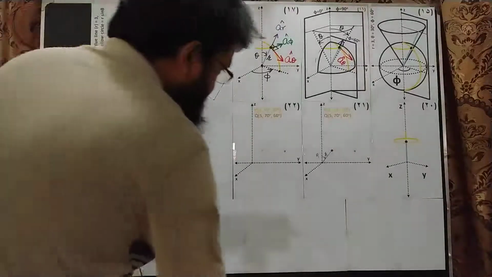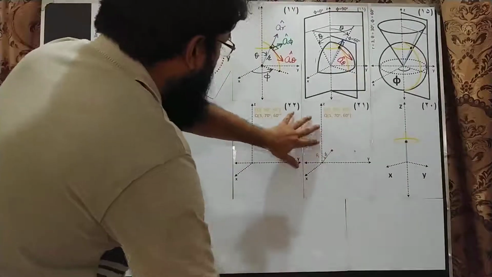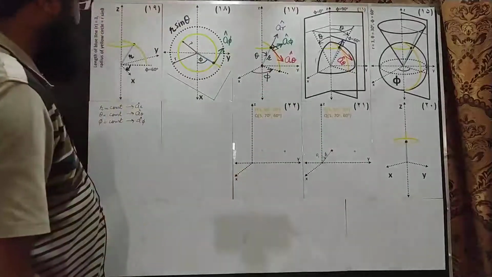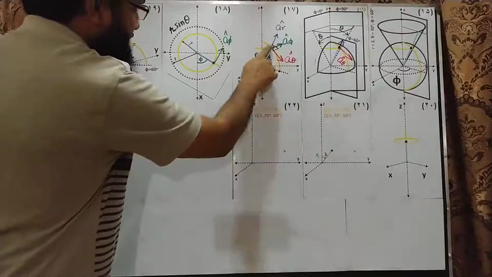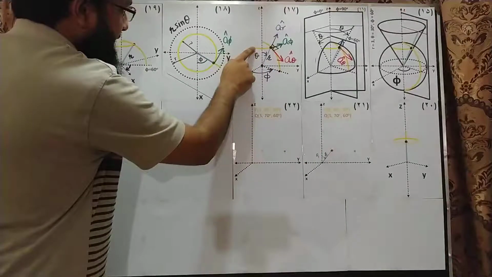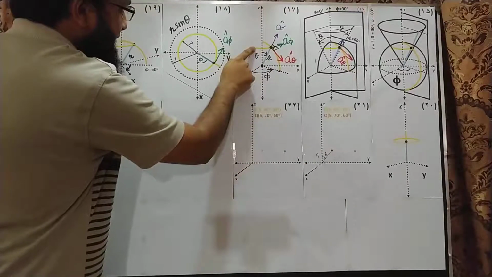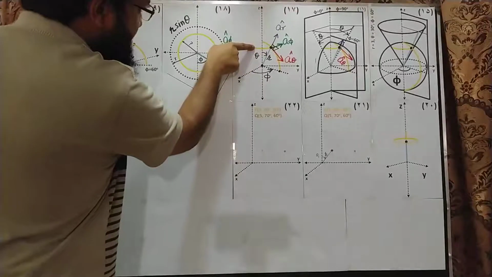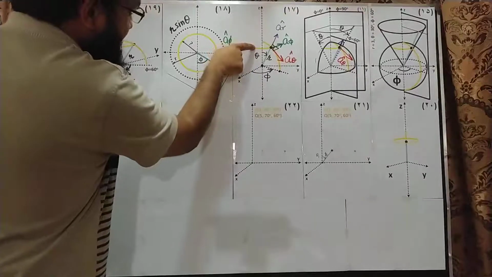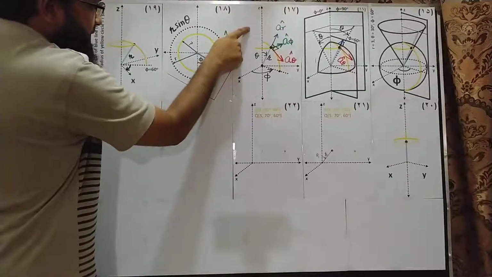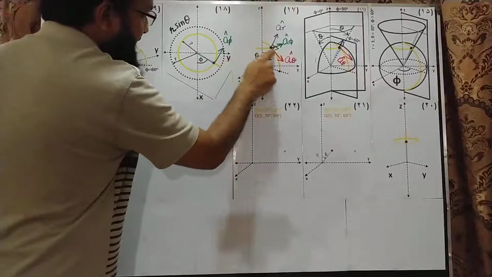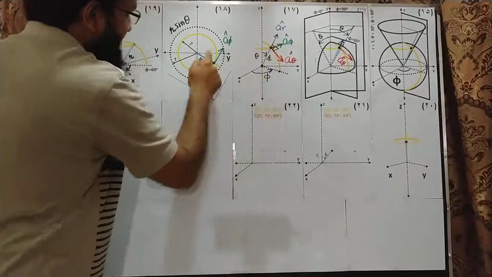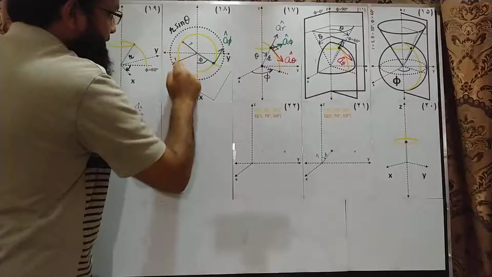So now carrying on the same lines, if I change the point from here to here, then the direction of AR would change, and the direction of A phi would change, because the direction of A phi is nothing but tangent to the latitudinal circles.